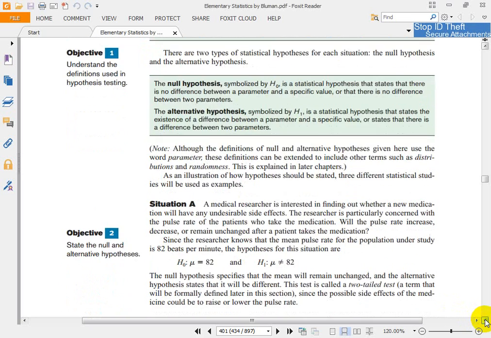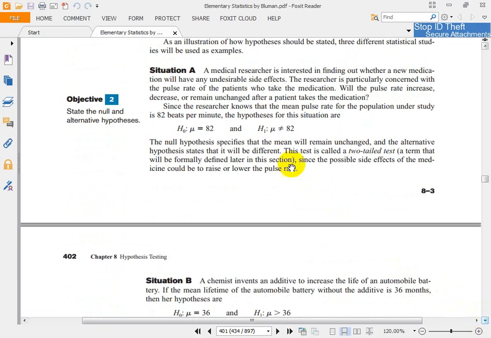Good. So let me come to the point. A medical researcher is interested in finding out whether a new medication will have any undesirable side effects or not. The researcher is particularly concerned with the pulse rate of the patient who is taking this particular medicine. Will the pulse rate increase, decrease, or remain unchanged after a patient takes the medicine?